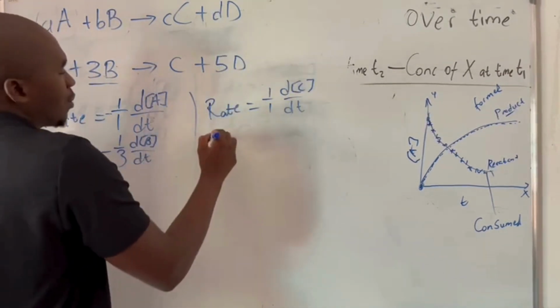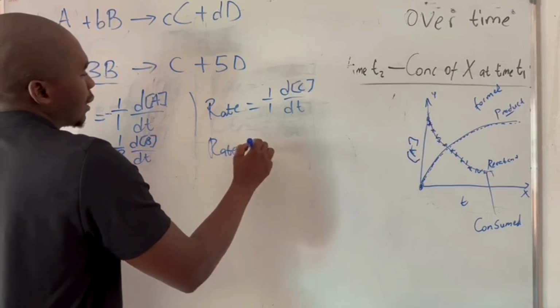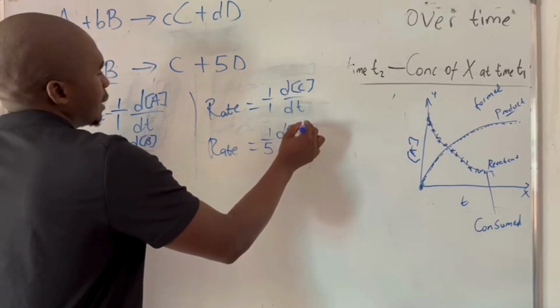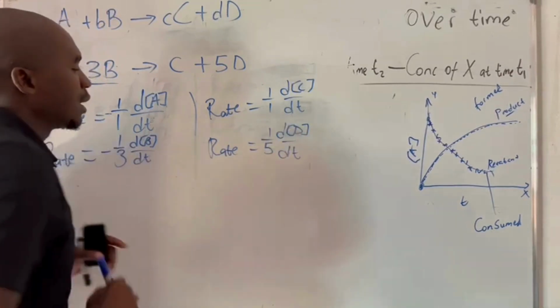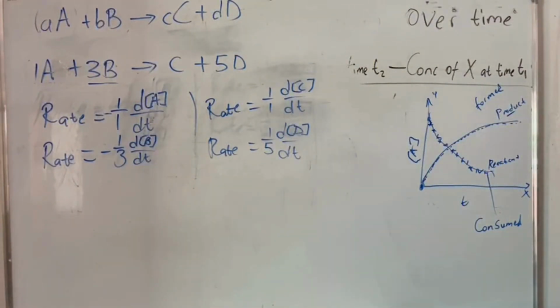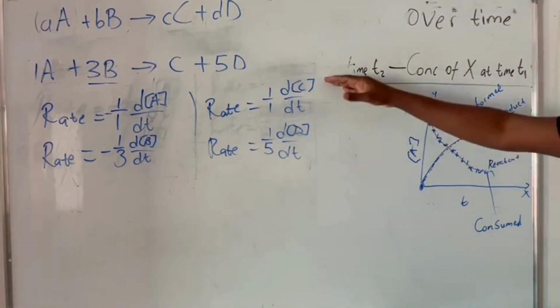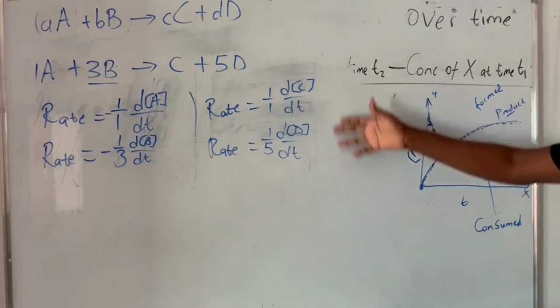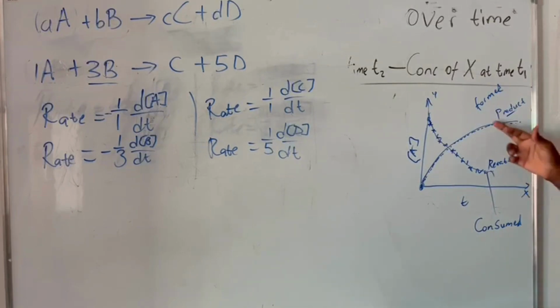What about for the last one? The rate for the last one will be 1 over 5 dD over dt. If you check it out on the product side, we don't have a negative here. Why? Because, as I mentioned when I explained this graph, think about it in this manner so that you won't forget.